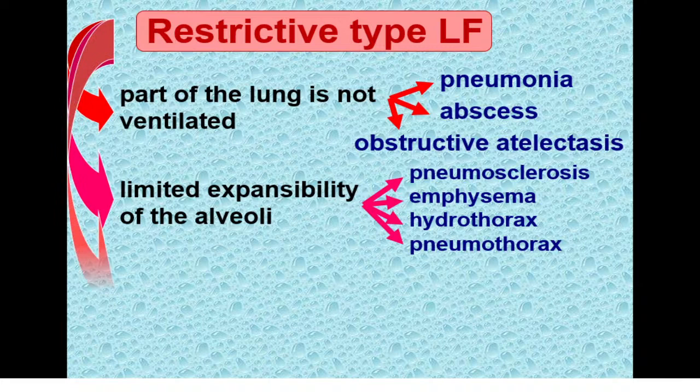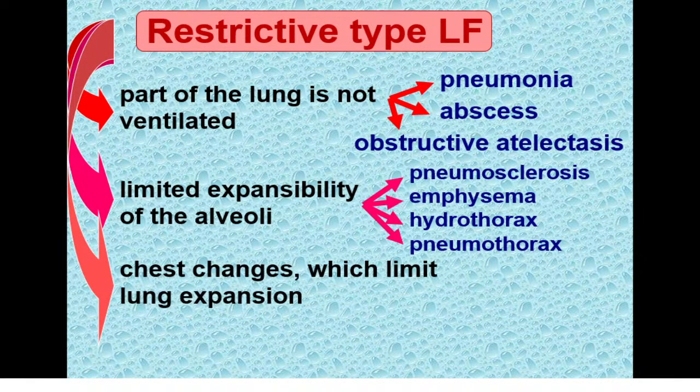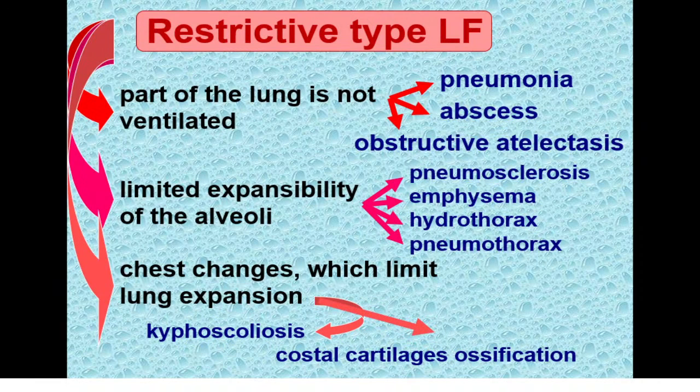And at last, outside restriction, when the expansion of lung is limited by the chest and costal muscles. We are talking about kyphoscoliosis or ossification of costal cartilage, decreased elasticity of the chest, which restrict depth of breathing.